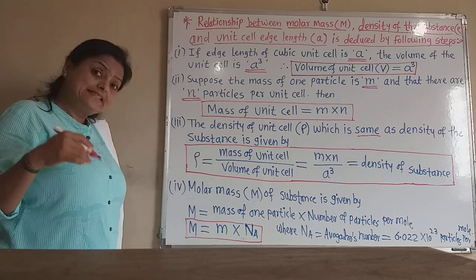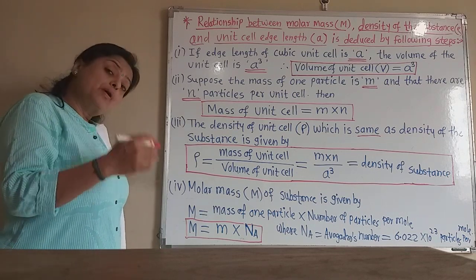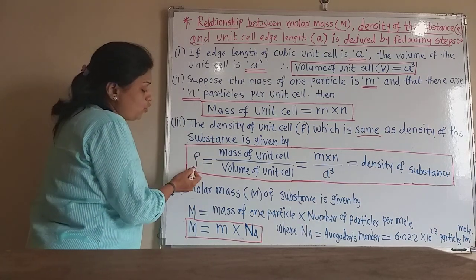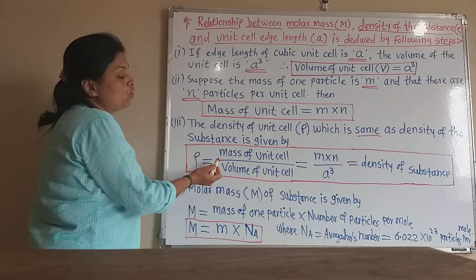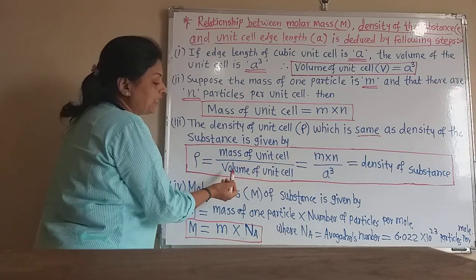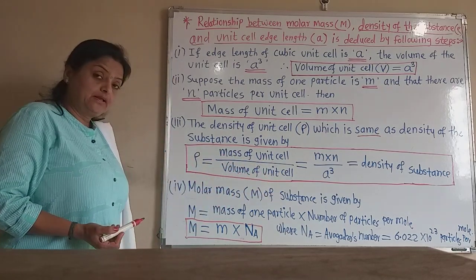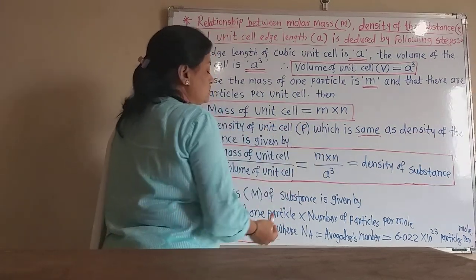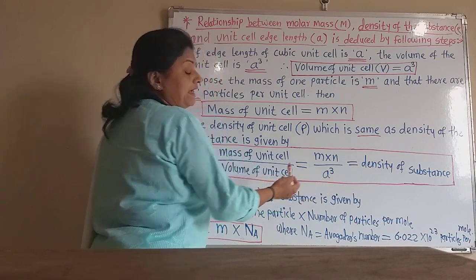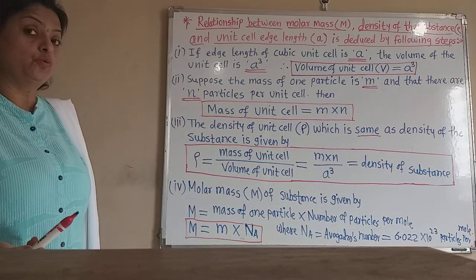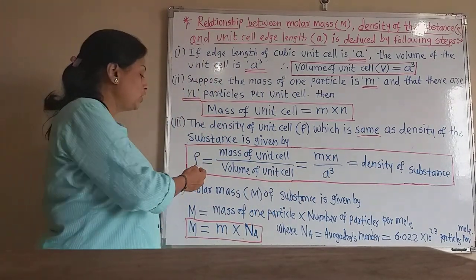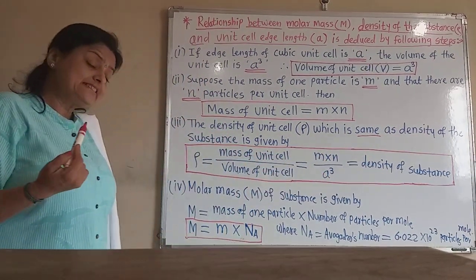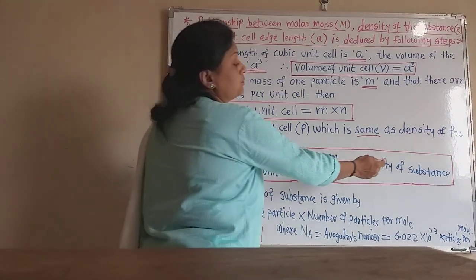So the density rho of the unit cell is equal to the mass of the unit cell divided by the volume of the unit cell. The mass of the unit cell we calculated as m into n, and a cube is the volume of the unit cell. So the formula is rho equals m into n divided by a cube. And this density is the density of the substance.